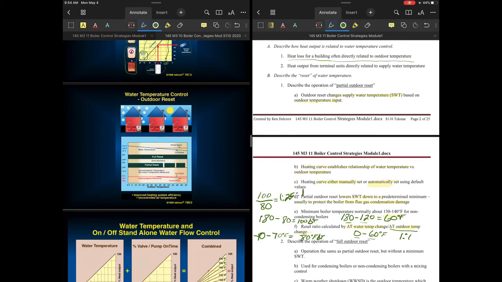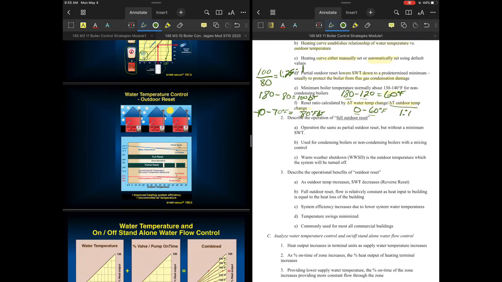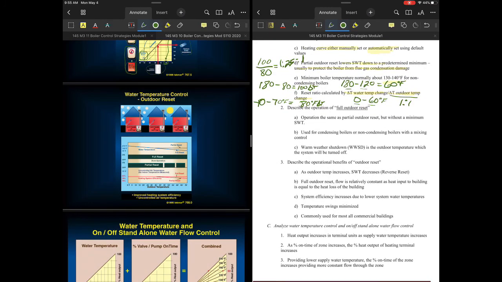So we'll calculate that out: 100 divided by 80 equals 1.25. So we're going to have a 1.25 to 1 ratio. Whatever control system you happen to be dealing with, you need to learn how they want you to identify that.